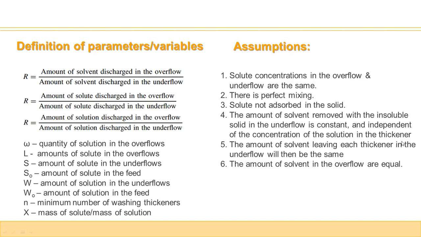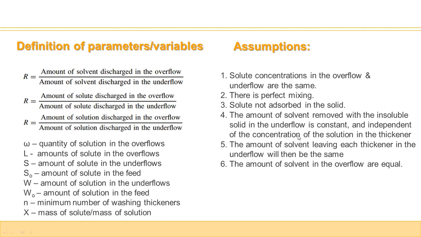So take note, the amount of the solid in the underflow is constant. That insoluble solid is not S rather, but B in our representation. The insoluble solid in the underflow is constant and is independent of the concentration of the solution.